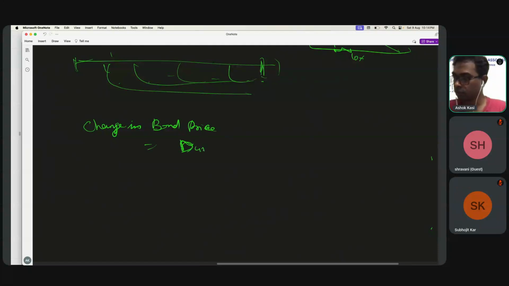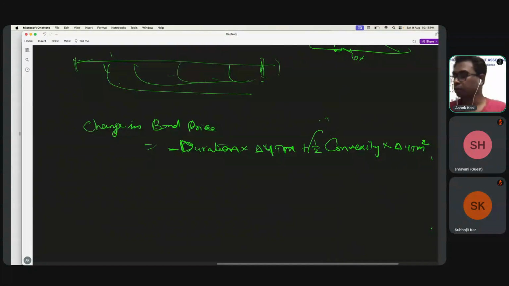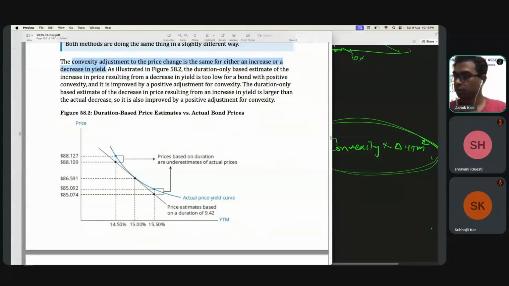Duration into delta YTM plus half of convexity into delta YTM square. So whether you put minus or you don't put minus for convexity, this right hand side remains the same. Understood or not? That means when the interest rate goes up or down, the right hand side remains the same.